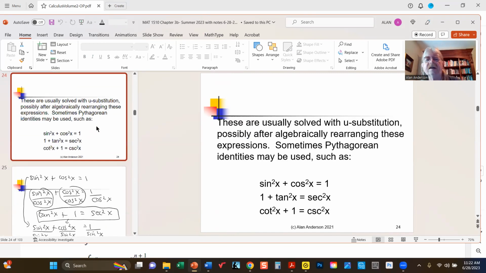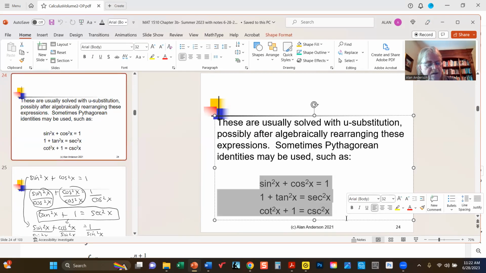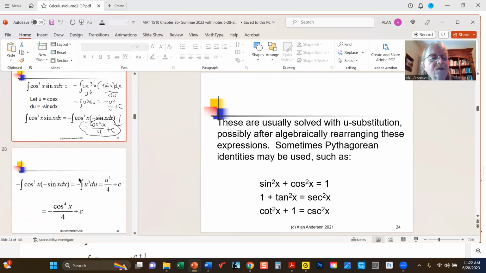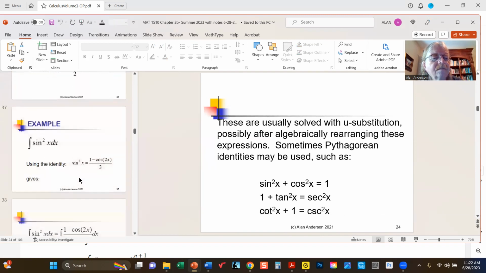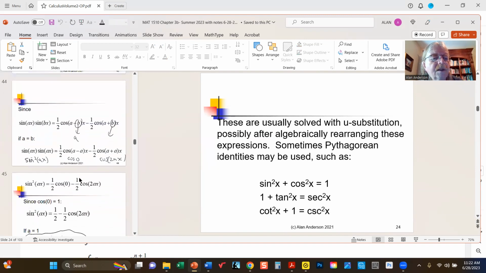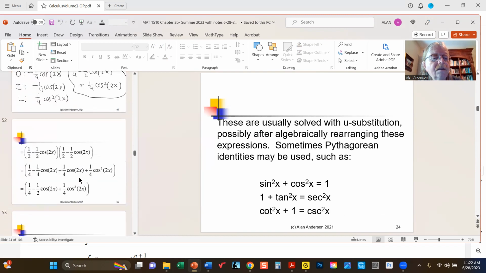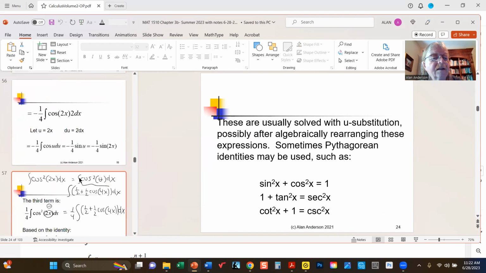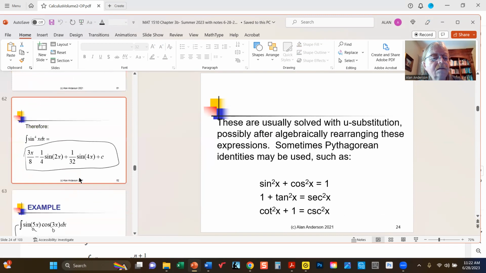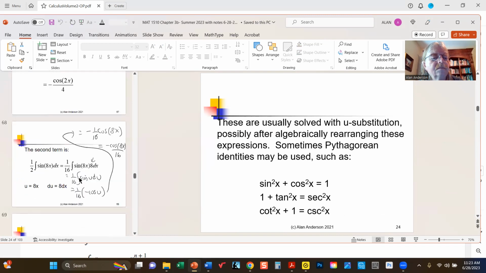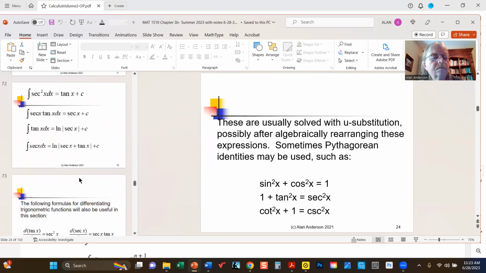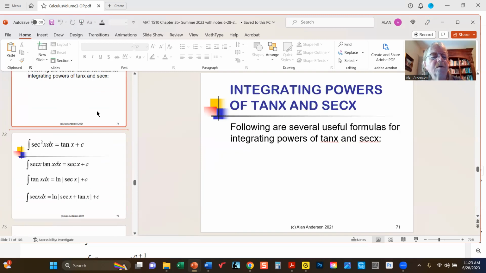There they are. Okay, great. So I'm going to copy these onto a new slide so we don't have to keep scrolling back and forth. You'll see why in a second.